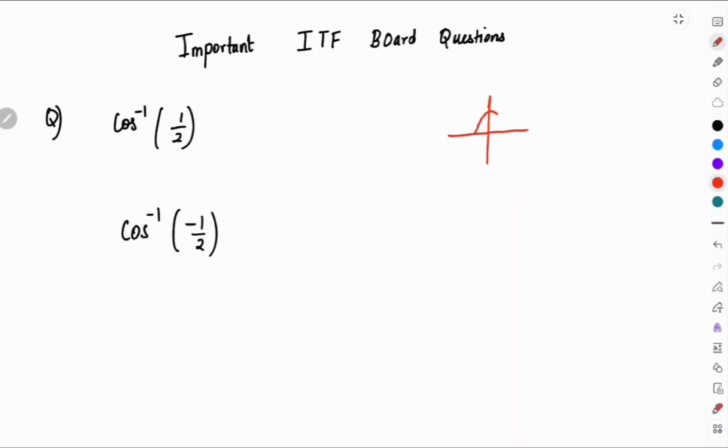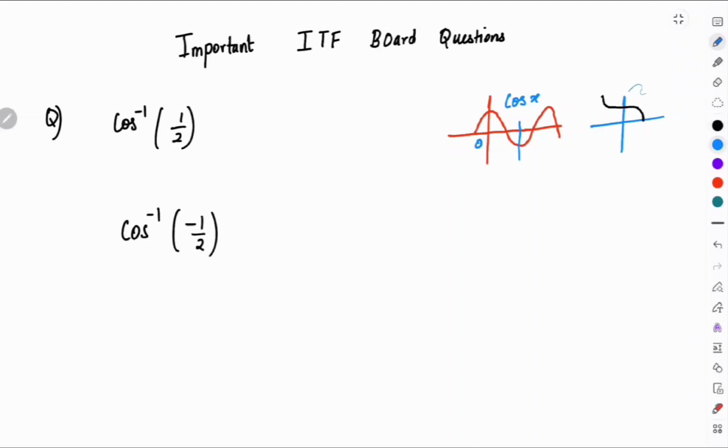The cos graph would be something like this. Now the inverse of this is the cos inverse x graph. For the inverse, we have to restrict our domain from 0 to pi, so we make it bijective, which is one to one and onto. Then the inverse function will become like this.